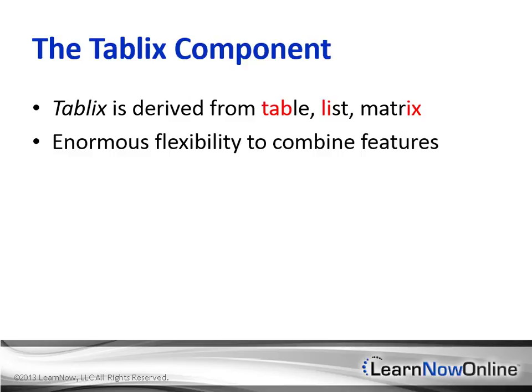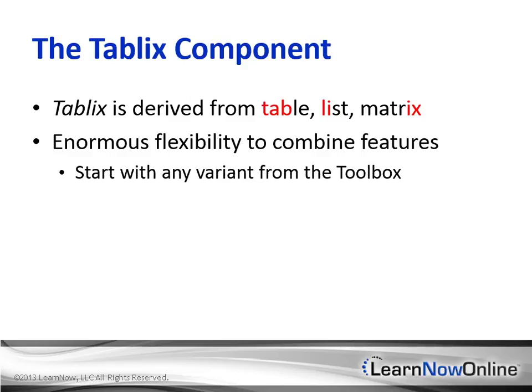To create such a hybrid data region, you could start with a table and modify it to include dynamic repeating columns. Or you could start with a matrix and add static columns that remain fixed no matter what happens with the underlying data. The best part is that you can start with either type of component from the Report Designer toolbox and modify it to have the characteristics of the other component.